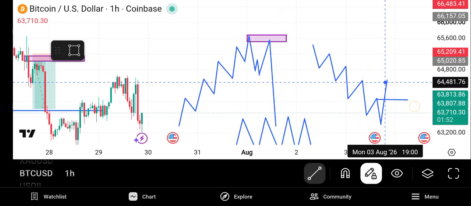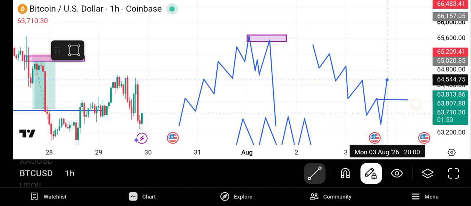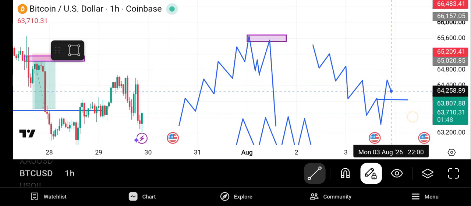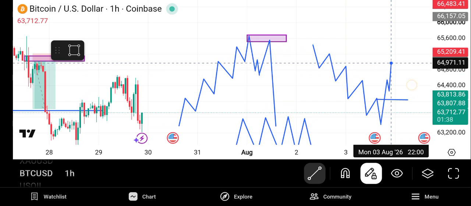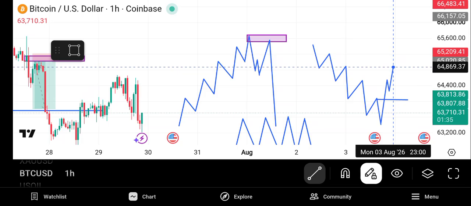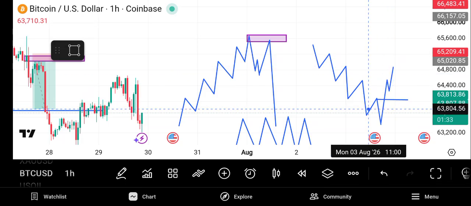In this scenario, market will give us what we call inducement. After this pullback, the candle will now close slightly or far above it. After that, we'll now mark our point of interest.